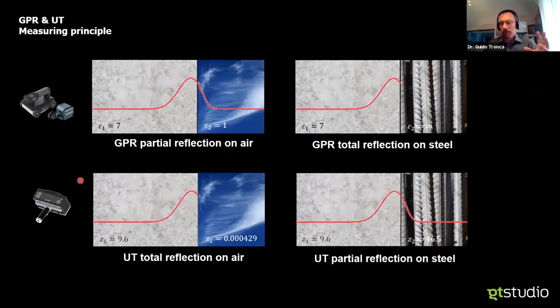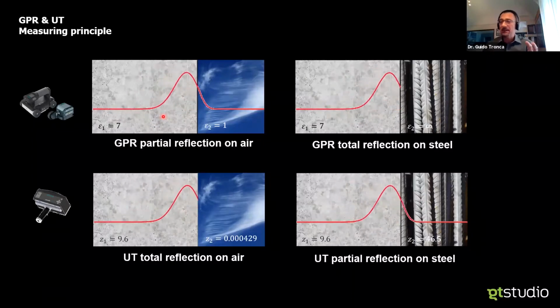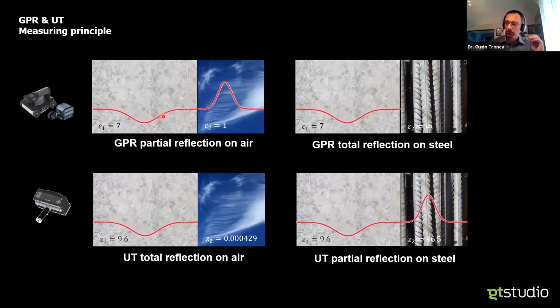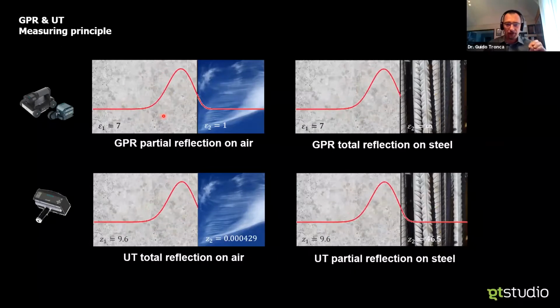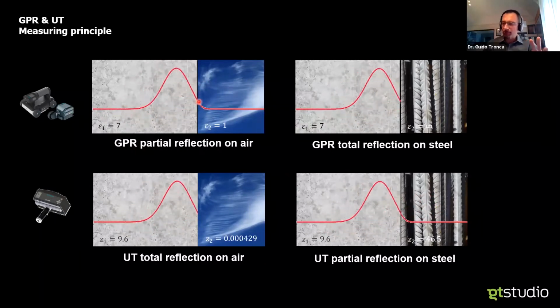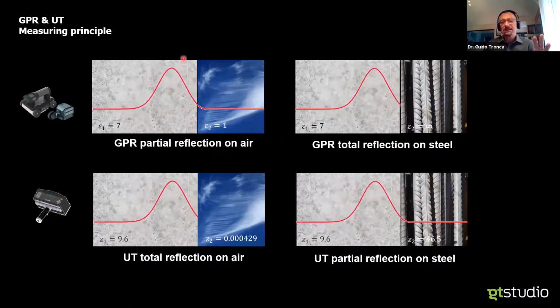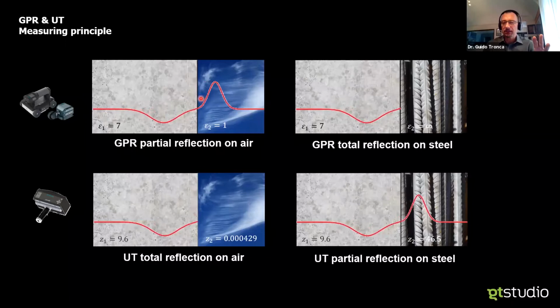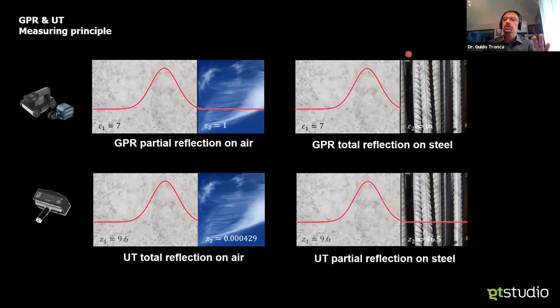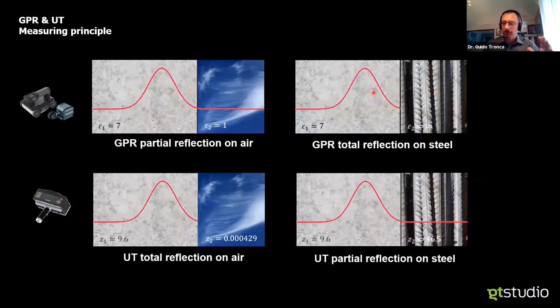The key point, absolutely qualitative to remember, but it has a dramatic effect on the strength and limitation of each, is that when I shoot an electromagnetic wave, it will partly pass a concrete air interface, while it will totally bounce against a concrete steel interface.